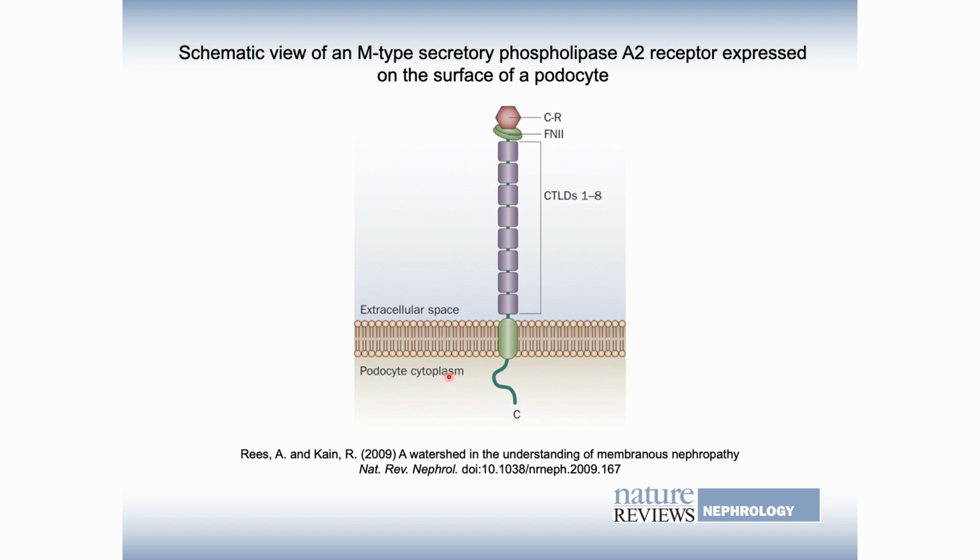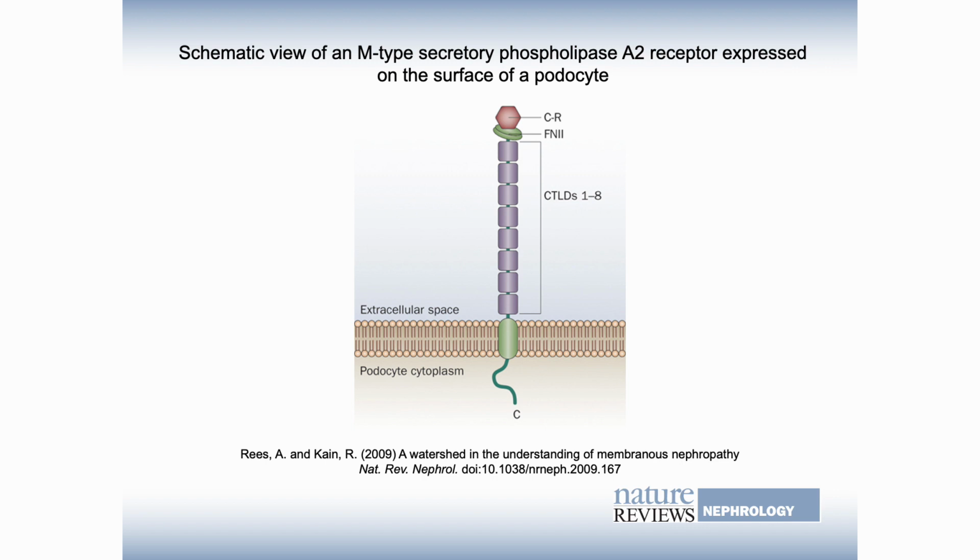So here we have the podocyte, this is the cytoplasm, this is the membrane, this is the extracellular space, and this whole thing here is the phospholipase A2 receptor, and in membranous you have antibodies towards these receptors. 70% of patients with primary membranous nephropathy have these antibodies, and since this came out over 10 years ago, around 2009, we've discovered over 10 different types of antibodies.